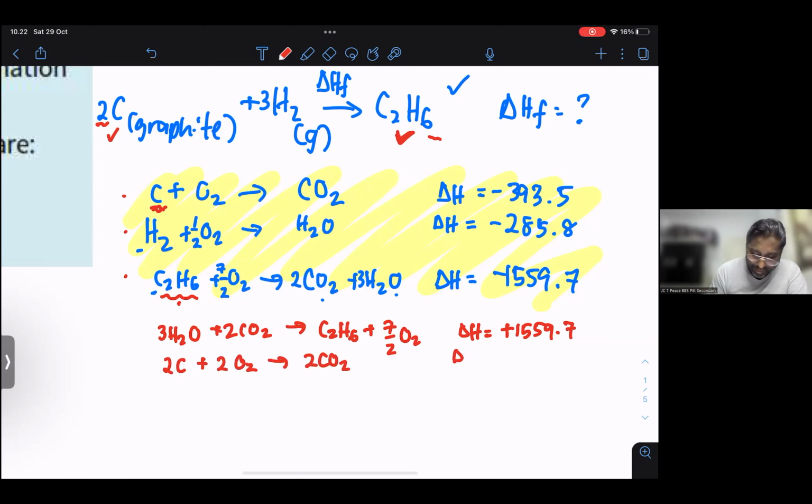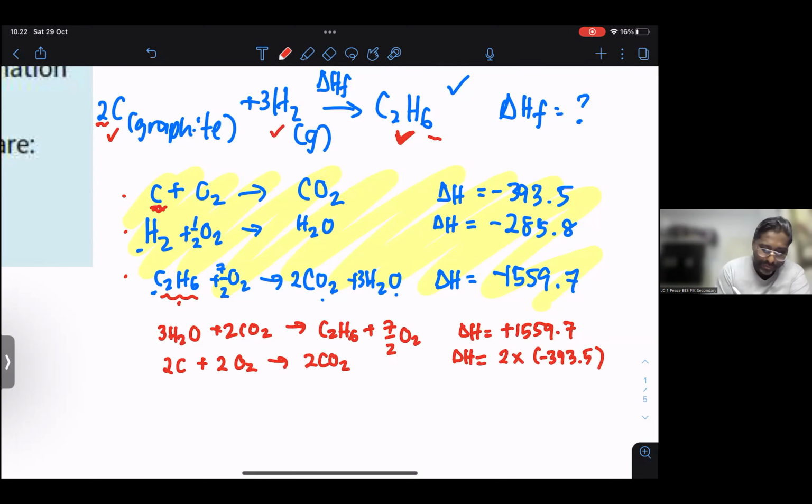And now the delta H is going to be, you need to times this by 2, which is going to be negative 393.5 times by 2. Once you have that, this is already settled for carbon. So next is to look at the hydrogen.